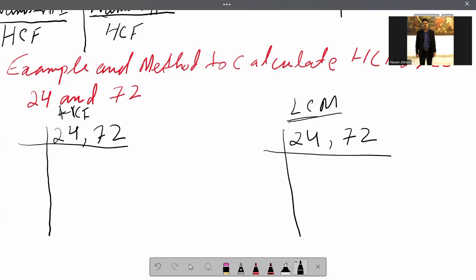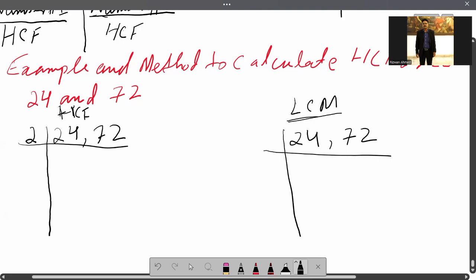Let's suppose both numbers are divisible by 2, so that means 12, then 36.